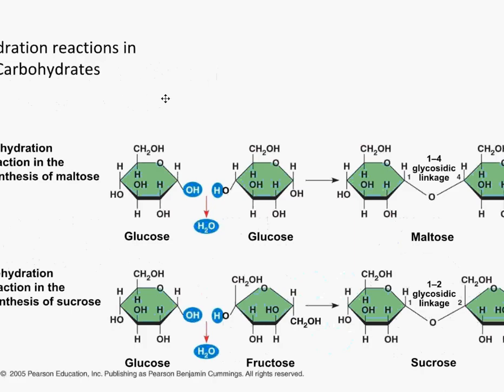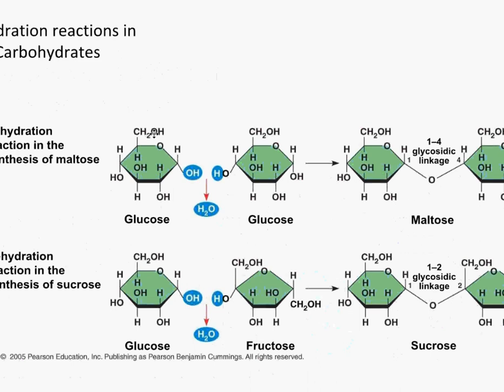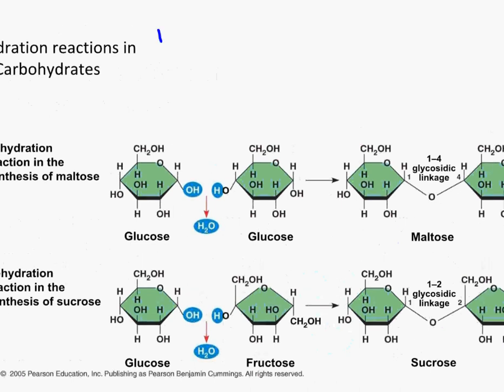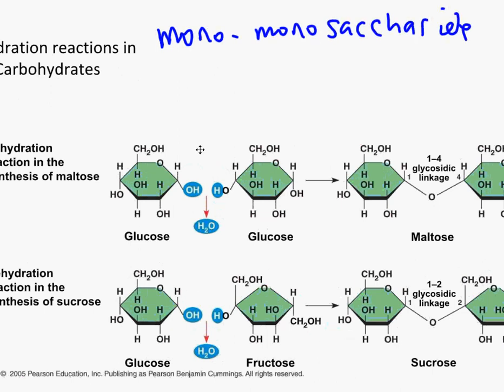For our monomers and polymers of these molecules, the monomer of a carbohydrate is called a monosaccharide, and the polymer then is called a polysaccharide.